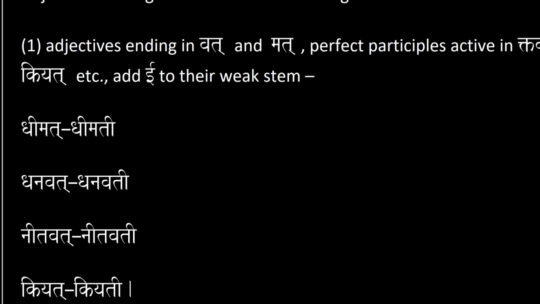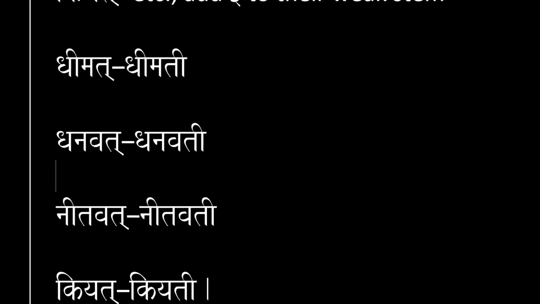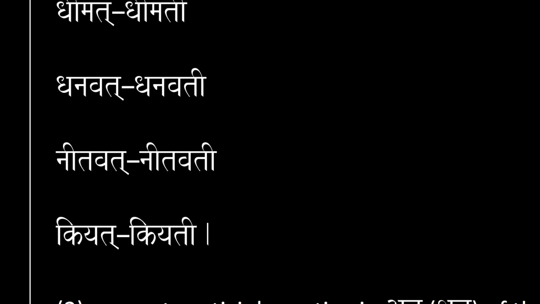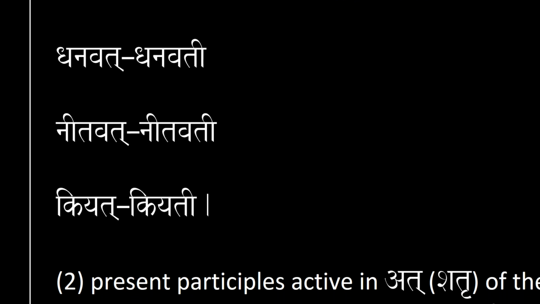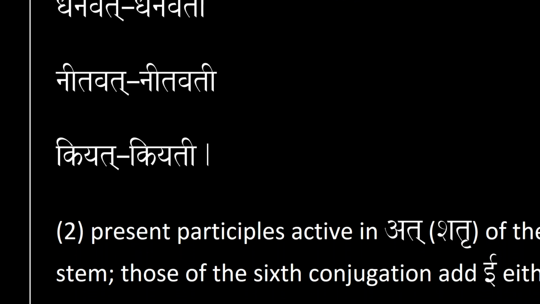And once you're adding a long e to the weak stem, you're going to decline this like nadi. So for example, dhimat becomes dhimati, dhanavat becomes dhanavati, nitavat becomes nitavati, and kiyat becomes kiyati.